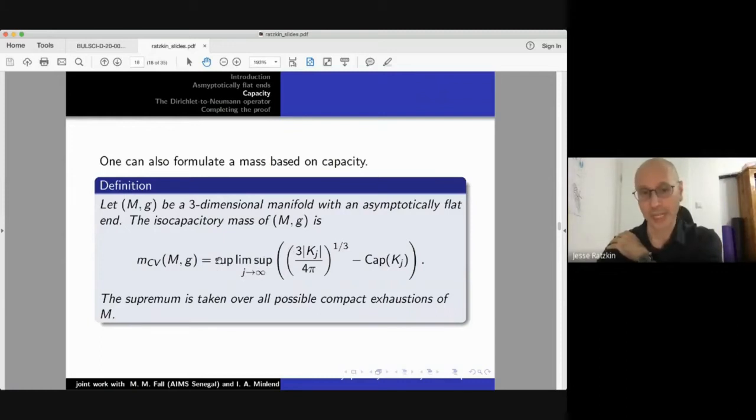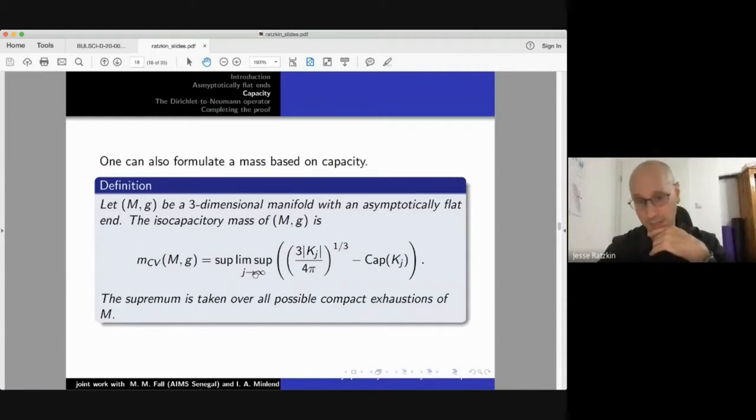I'm taking a supremum over something, and the supremum I'm taking is over all compact exhaustions. So my K_j is going to be a sequence of compact sets such that the union of all these compact sets is the entire manifold. And I want to take a supremum over all such sequences of compact sets whose union is the entire manifold.